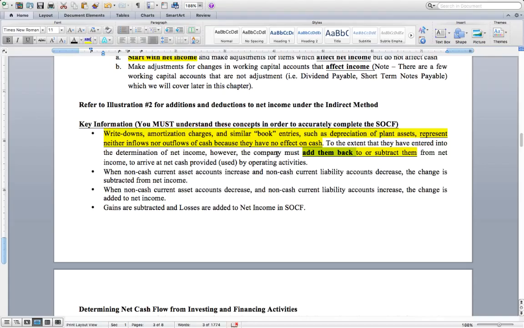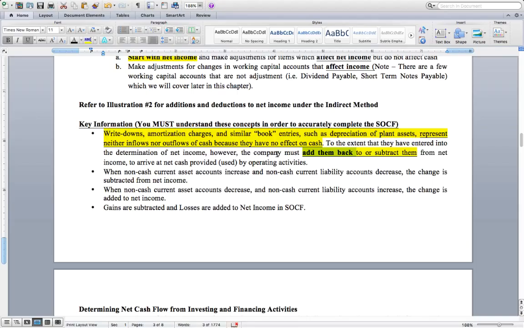Since you're starting with a number that has it reflected, you need to back it out to get to a number that does not have depreciation reflected in the total. So your first two steps will be to start with net income and immediately add back the depreciation that the company had for the year.